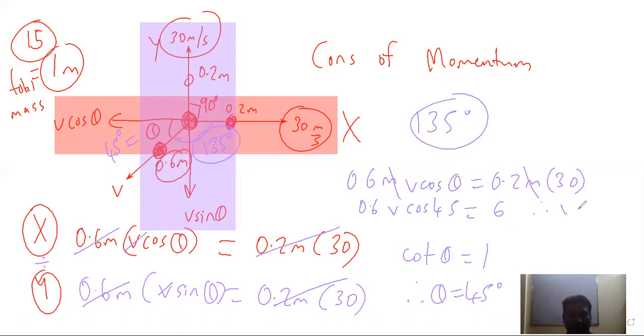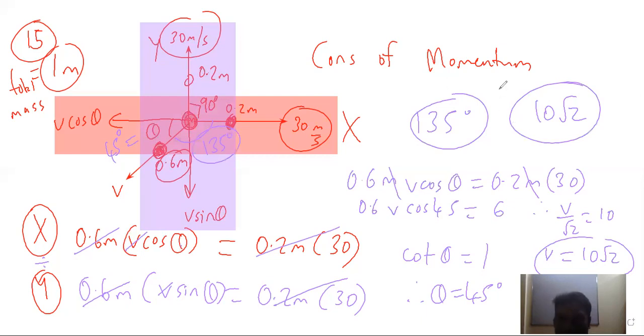So from this, v upon root 2 comes out to be 6 upon 0.6, which is 60 upon 6, which comes out to be 10. So our velocity v comes out to be 10 root 2.